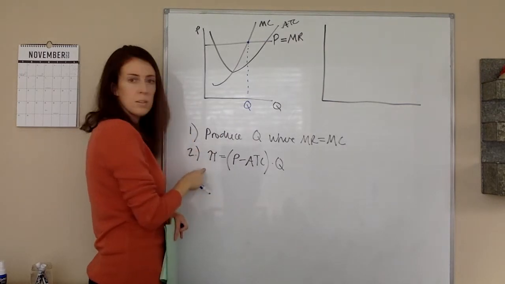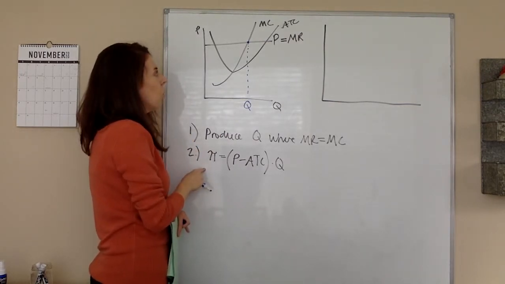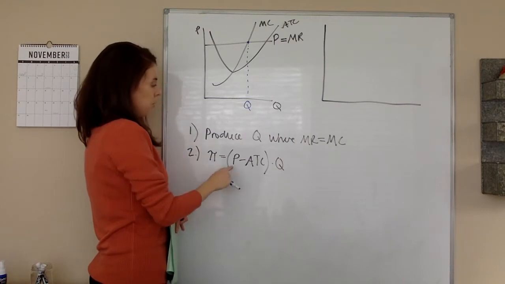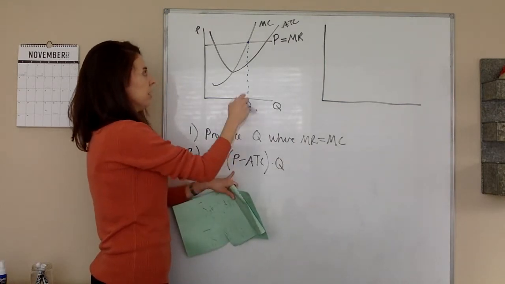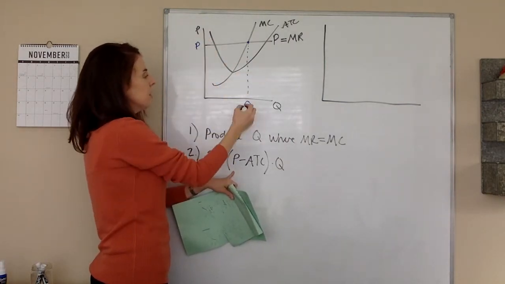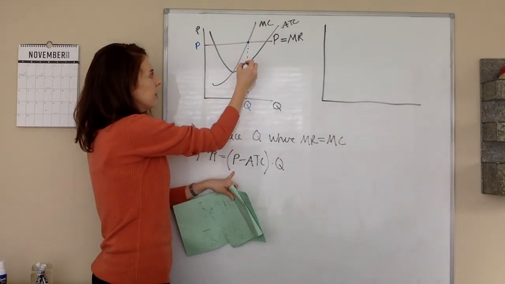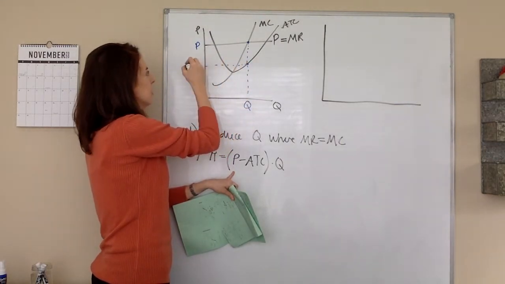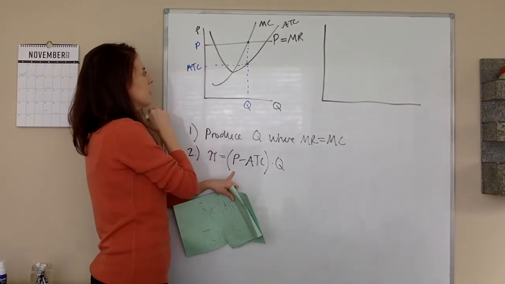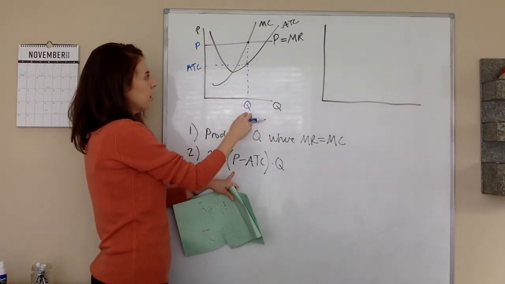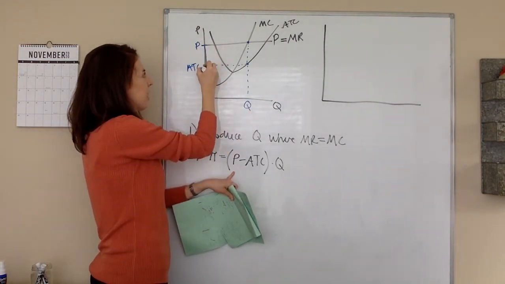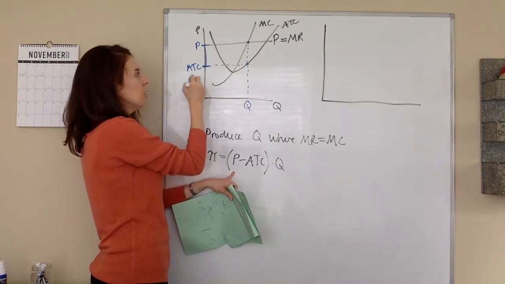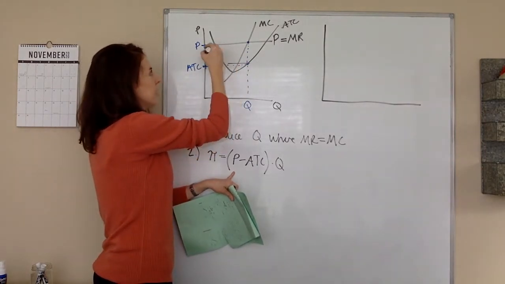Let's calculate his profit when he produces there. Well, price, if he's producing here, is right here. If he's producing right here, average total cost is equivalent to that value. Quantity is here, so price minus average total cost gives you that leg, and quantity gives you that leg.